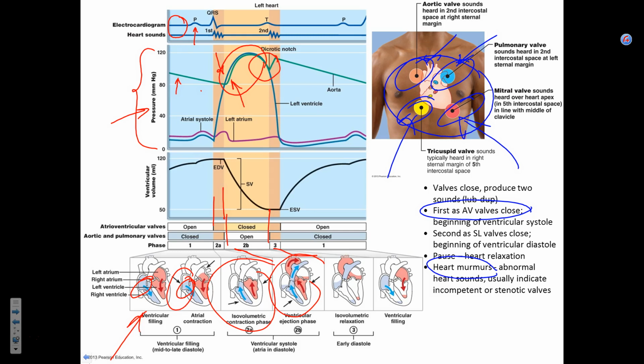I'm sorry. That's the moment when aortic pressure becomes higher than ventricular. So that's the moment when pulmonary or aortic valve, SL valve, closes. Does that make sense? And partially it closes because ventricle starts to relax.